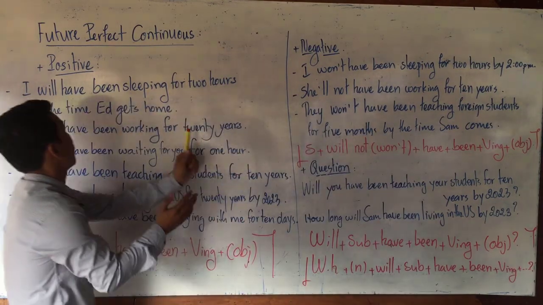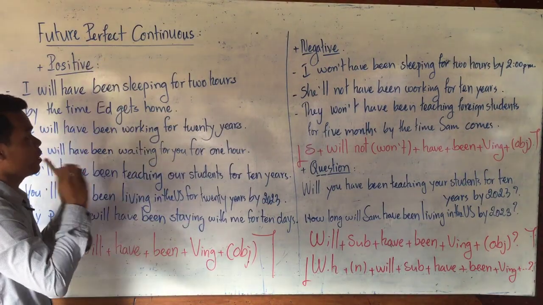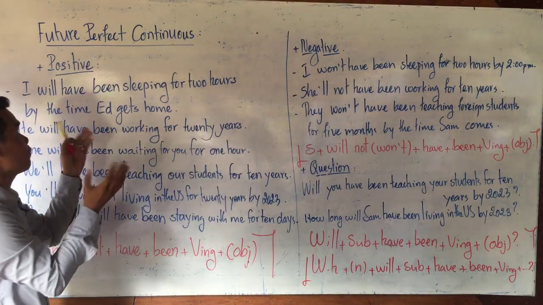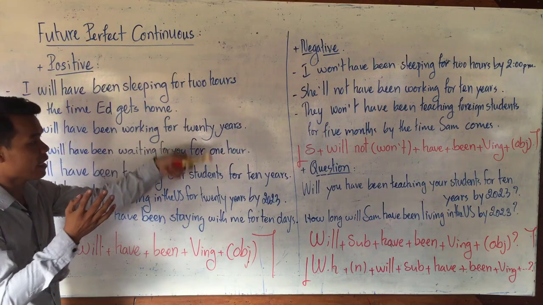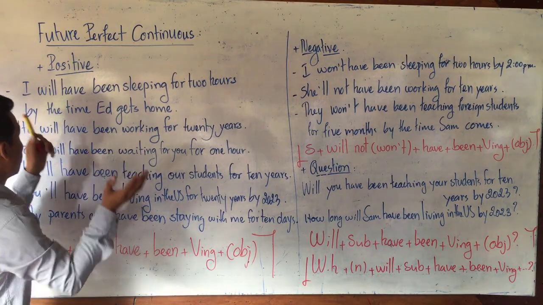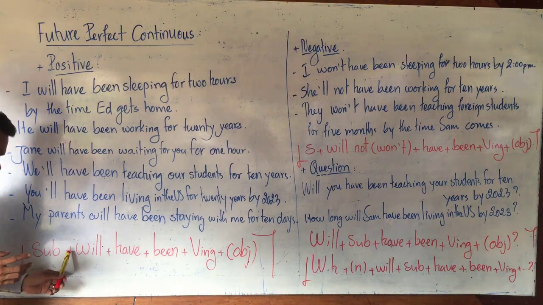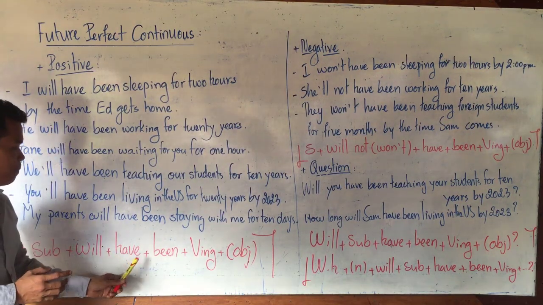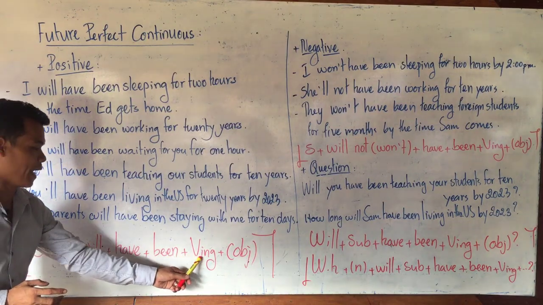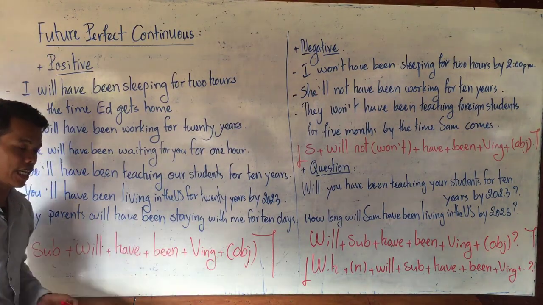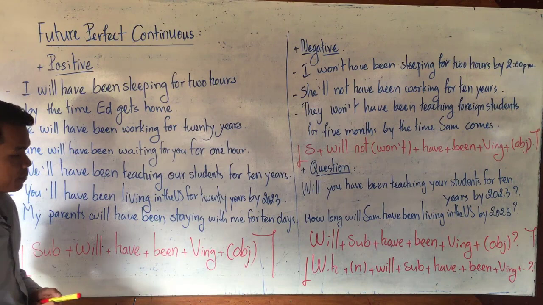Again, the future perfect continuous form. We have three: positive, negative, and questions. Positive, we have the formula subject plus will plus have plus been plus verb-ing plus object in brackets. It means that it is optional.